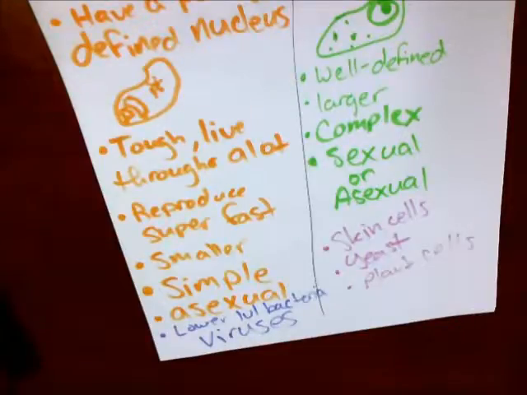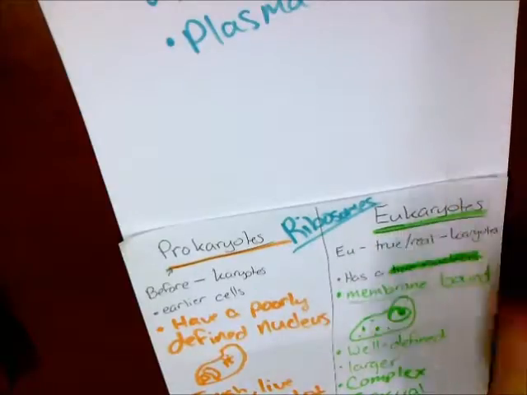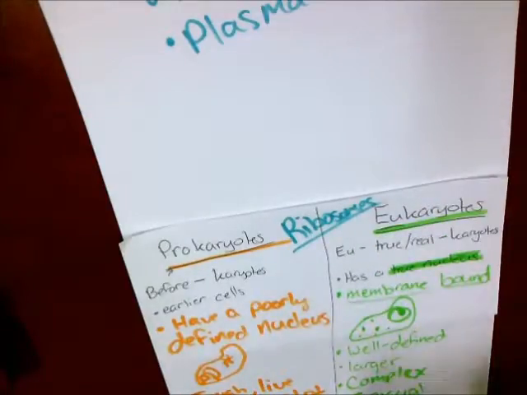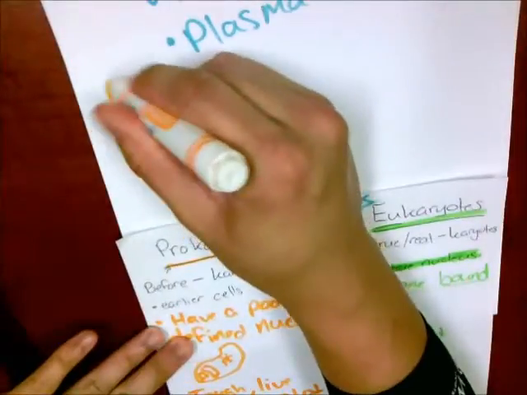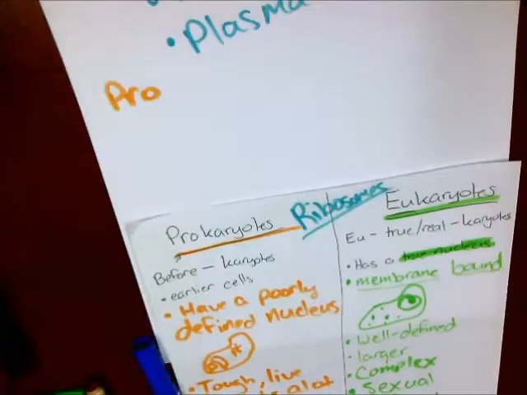All right, so 13. Interesting. They didn't really give you any examples of these, so I want you to have examples so that you can look them up. So here again, I'm going to continue our page up here. I'm going to put prokaryotes and eukaryotes.